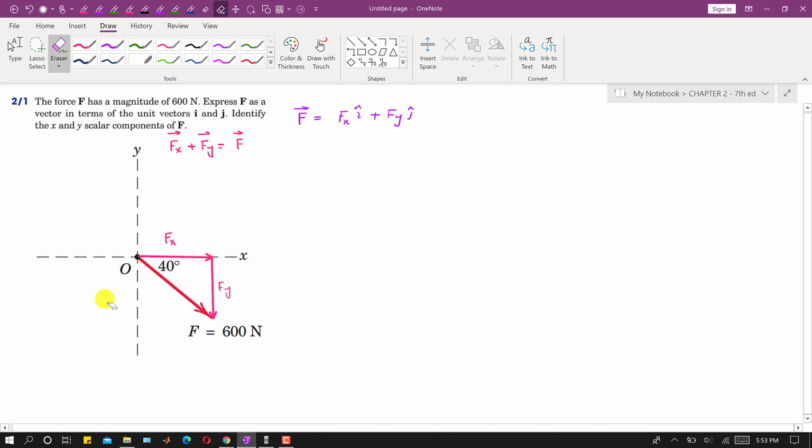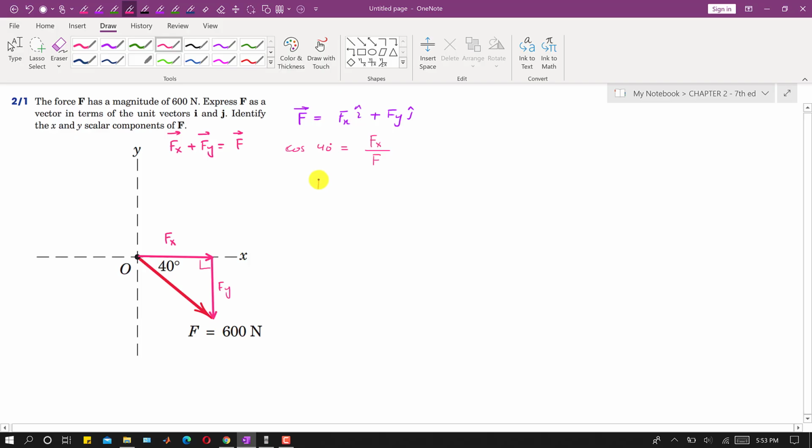Now if we consider this right angle triangle and apply cos of 40 degrees to this triangle, cos of 40 degrees will be equal to base divided by hypotenuse. So base is Fx divided by hypotenuse, which is F. From this we can find the Fx component magnitude.